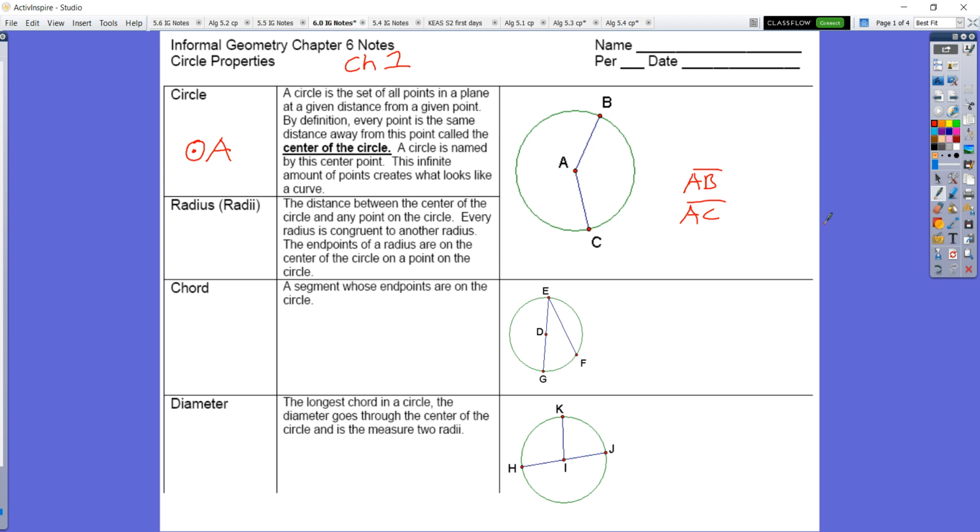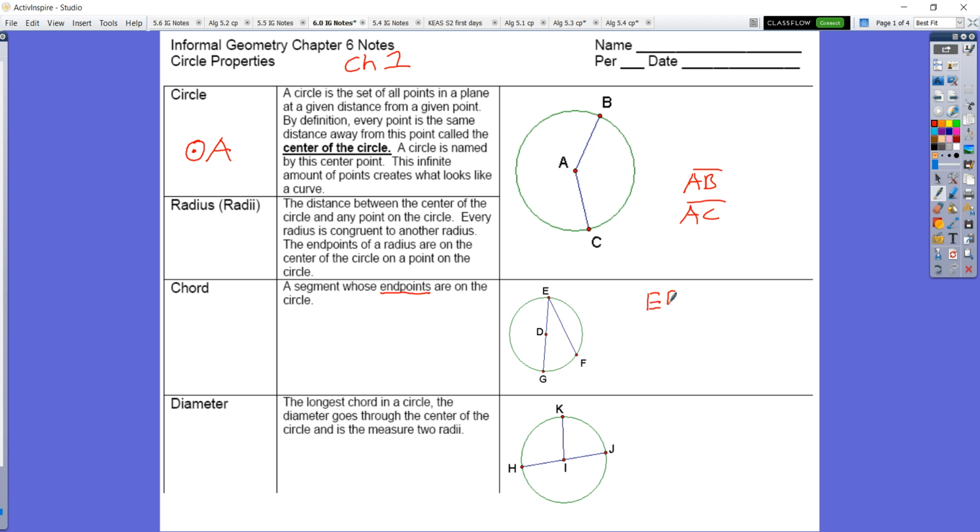All right, the next one that we got here is chord. A chord of a circle is where we have the endpoints of the line on the actual circle itself. So here we got two chords. We have chord EF because the endpoints are on the outside of the circle.